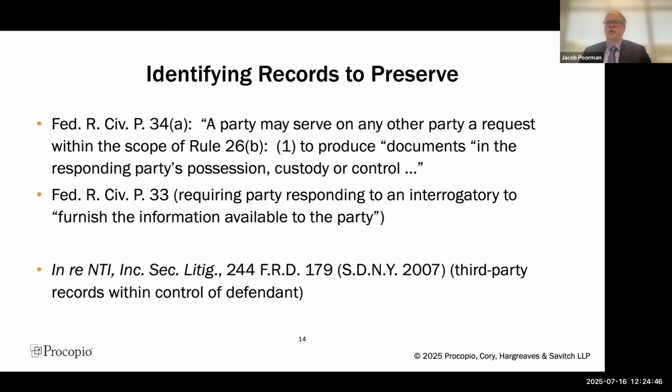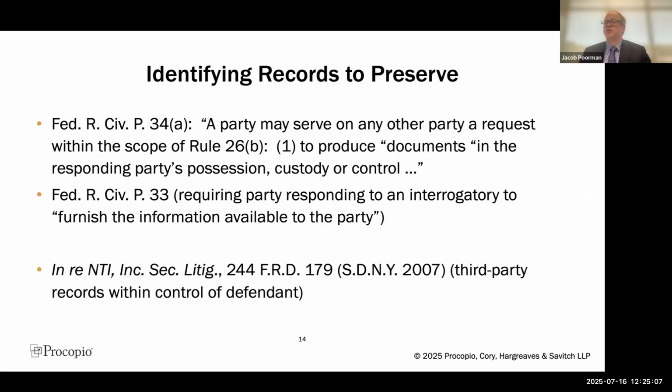When determining which records to preserve, companies should consider those records that are within their possession, custody, or control, because Federal Rule of Civil Procedure 34(a) permits parties to request records within the receiving party's possession, custody, or control. All types of records are discoverable under Rule 34.